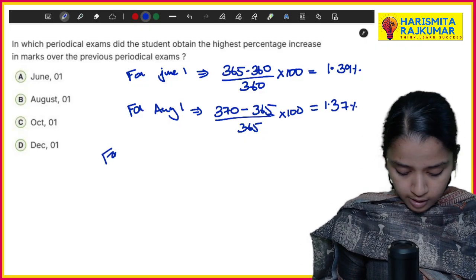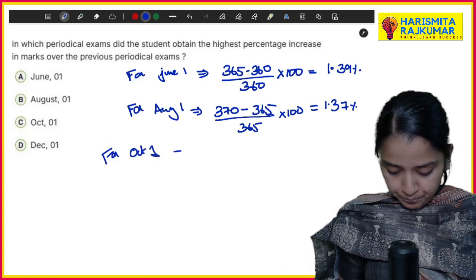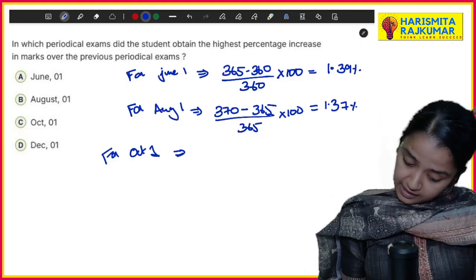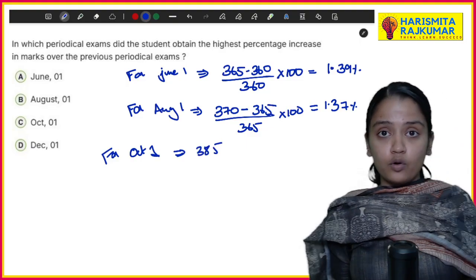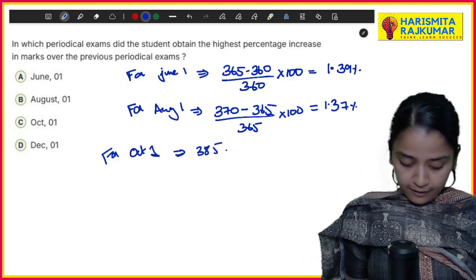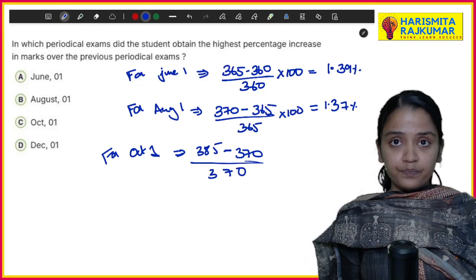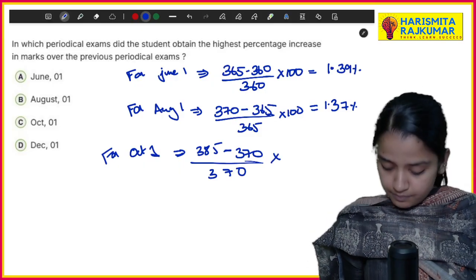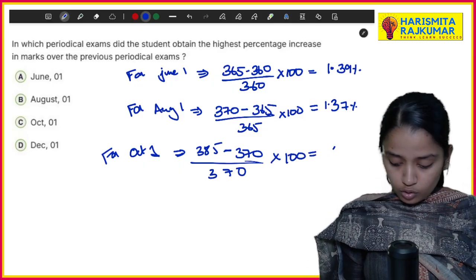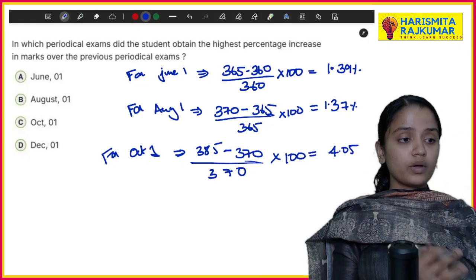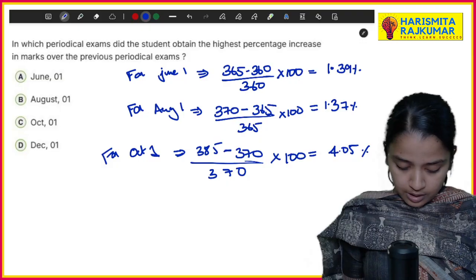Now for October 1, what you will be having is 385 minus 370 by 370 into 100, which is equal to 4.05 percentage.